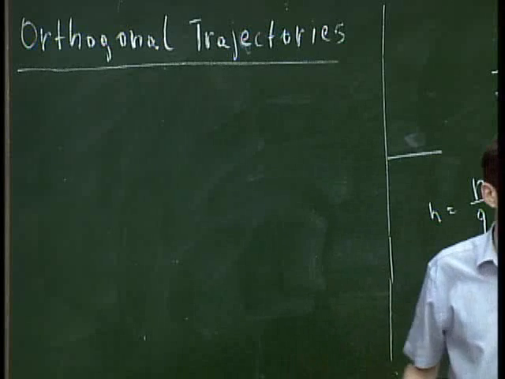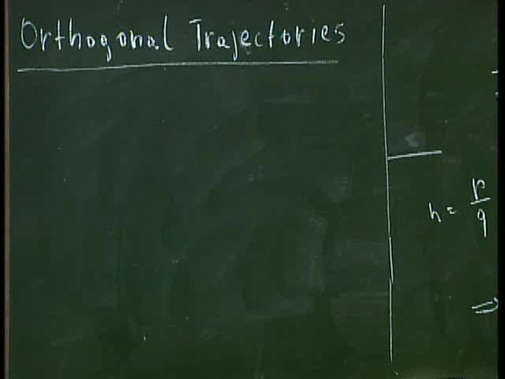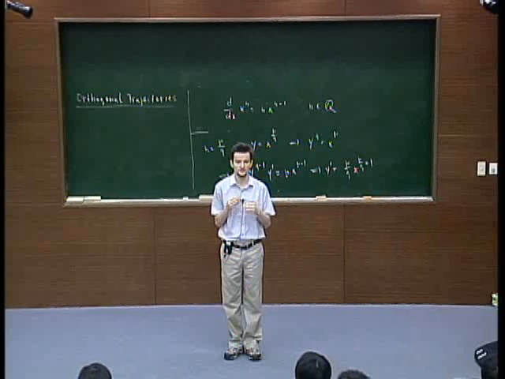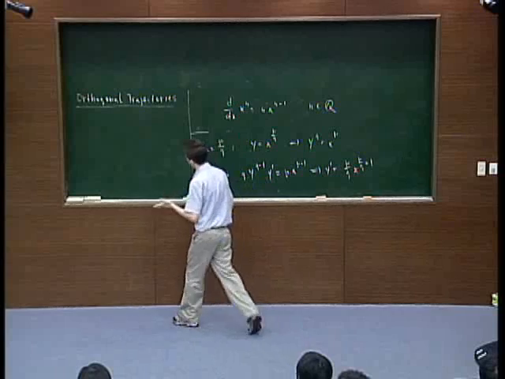We say normally two curves are orthogonal if in every point of intersection of the two curves, the two tangents are orthogonal or perpendicular.